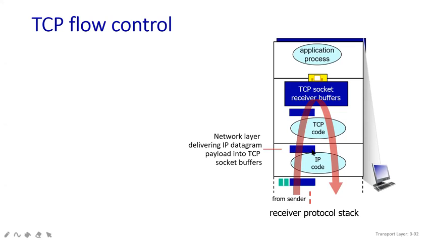Here, whatever blue color lines you can see, all of these are datagrams. I told you that in the application layer we call them packets, but in the next layer, the network layer, we call them datagrams.